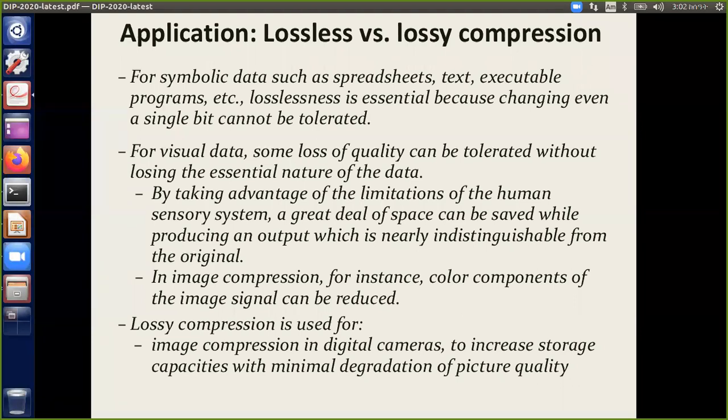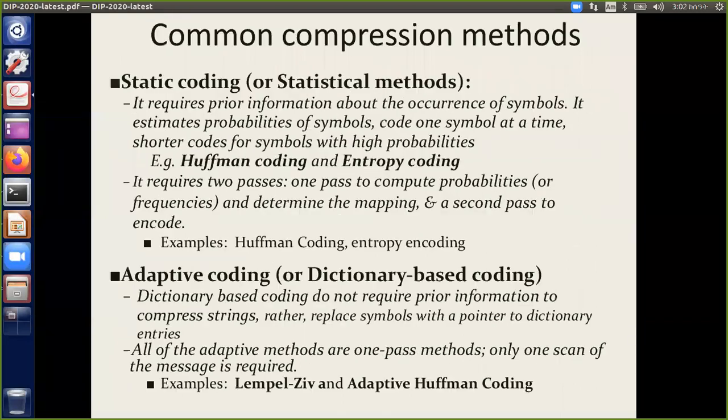But when it comes to multimedia, image, audio, video, it's possible to go for either lossless or lossy. By simulating the human sense organs, we can use lossless and lossy compression techniques for saving as much memory space. We can transmit as much data over the limited transmission bandwidth.